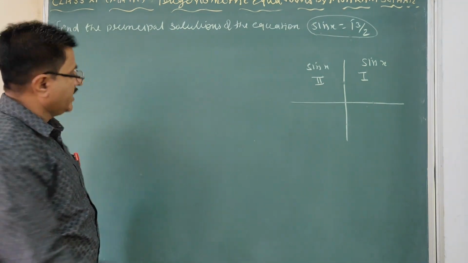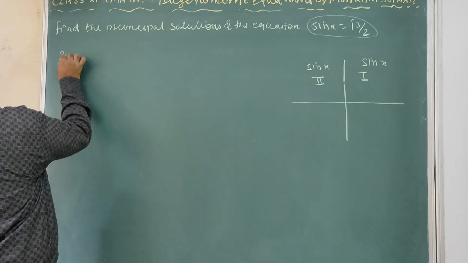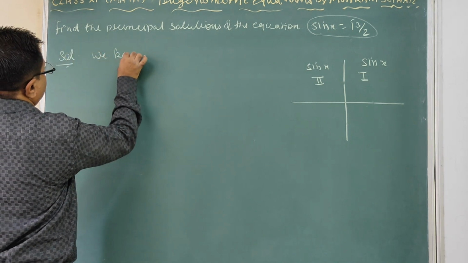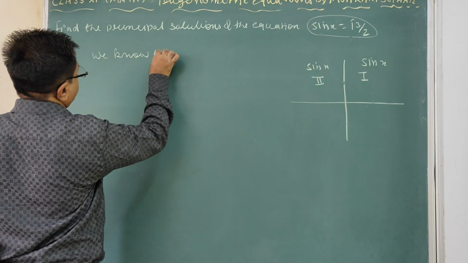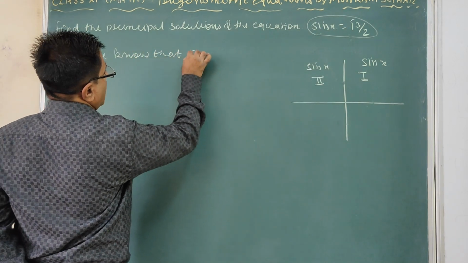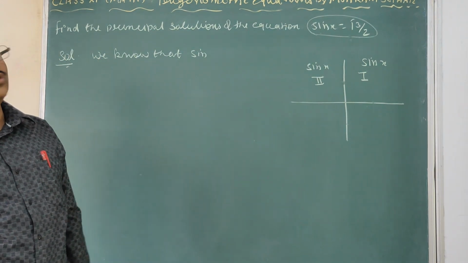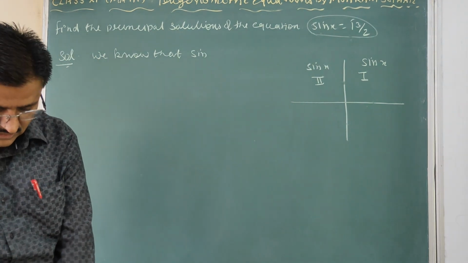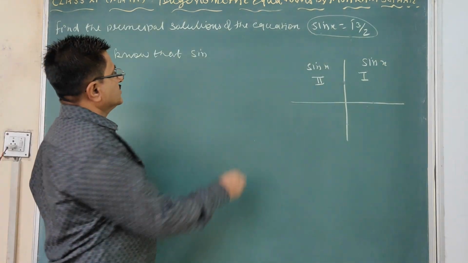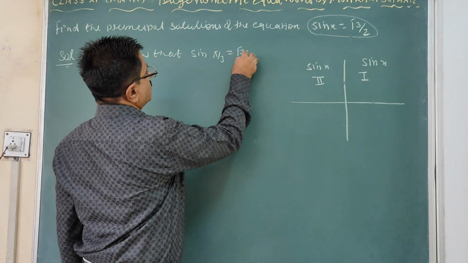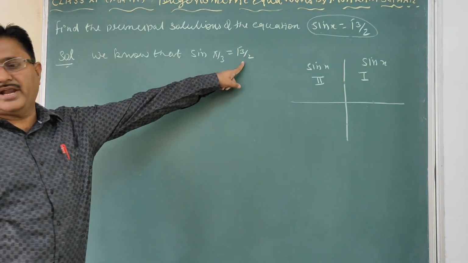So in the solution we write, and using the table we know sine of what angle is root 3 by 2. If you see the table, the value of sin pi by 3 is root 3 by 2 in the first quadrant.